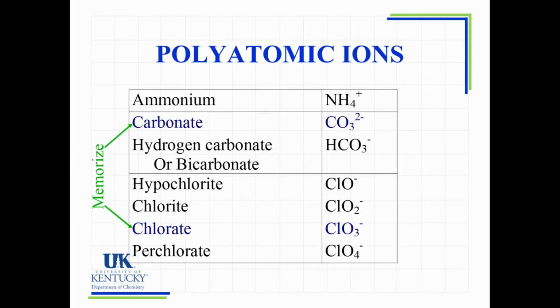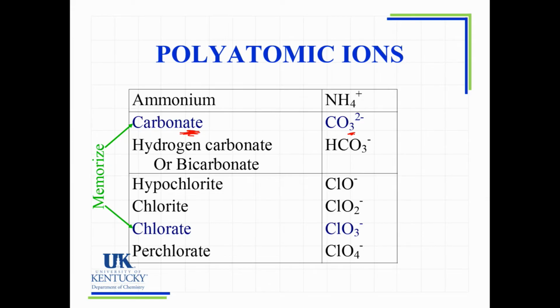Okay, so let's start by, when you're looking at the list, anything that has an ATE ending, I recommend that's the one that you just flat out memorize. Okay, so you run across in the table and you see, I've got the word carbonate. I'm going to memorize carbonate is CO3 with a 2- charge. Now there is nothing about this ATE ending that tells you how many oxygens it has.